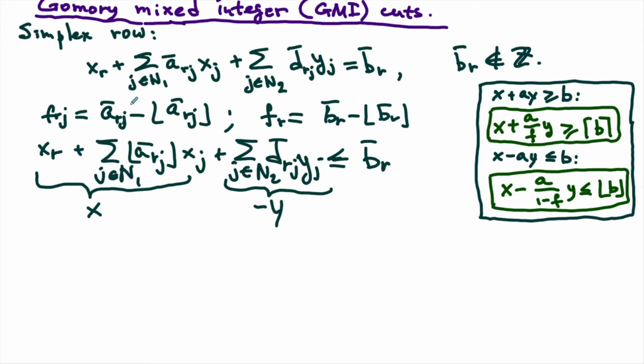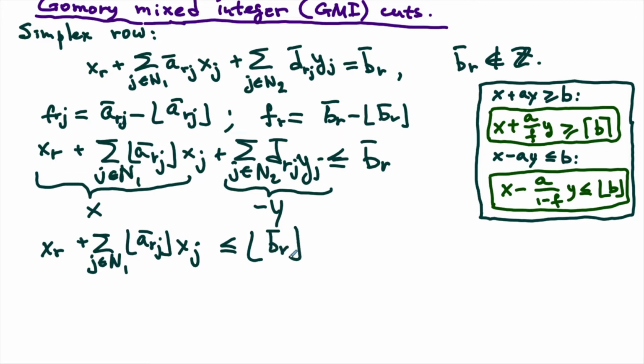So let's write it down. So for x, we will have xr plus the summation for j in n1 of the floor of arj bars xj's, and then we are going to move the y part, this part right here, to the right hand side. So you'll write down less than or equal to the floor of br bar, and then minus the summation for j in n2.